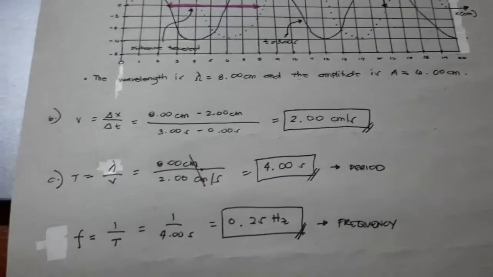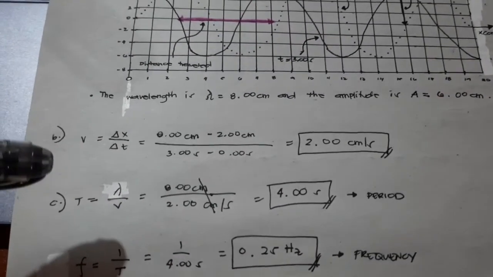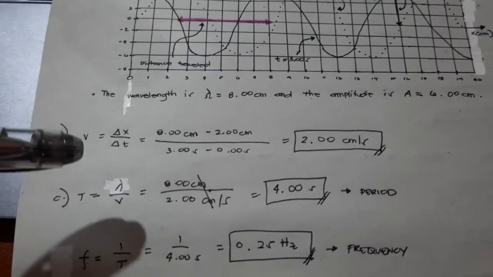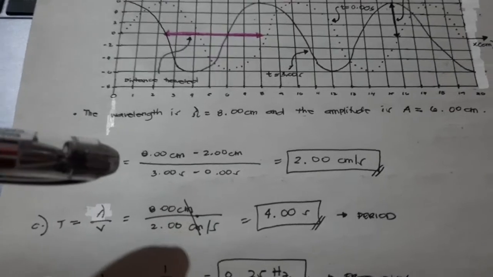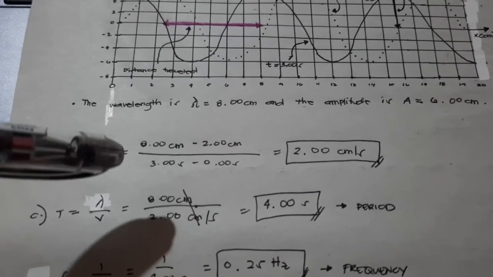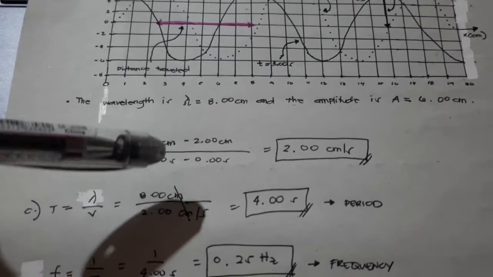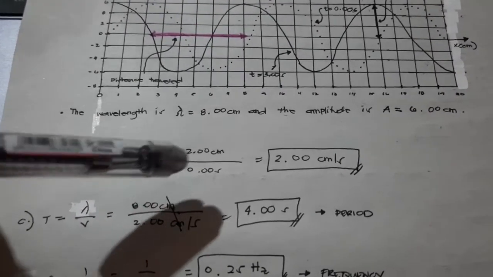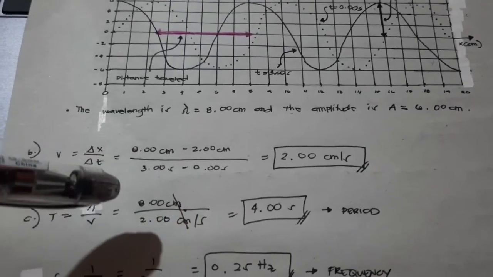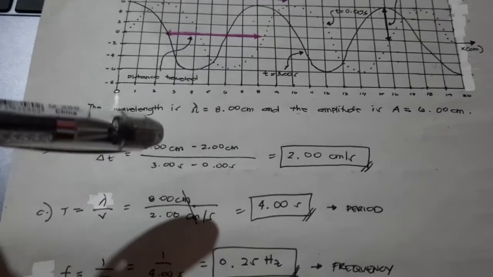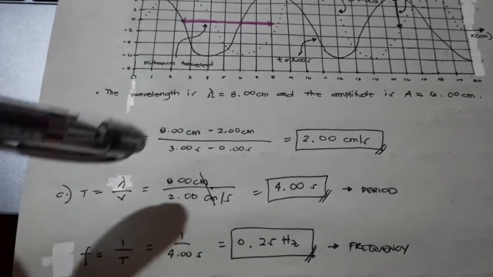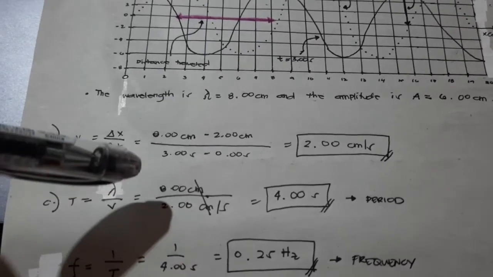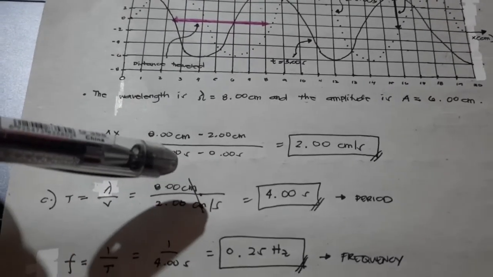So the velocity is delta x over delta t. As I said earlier, the distance is 8 cm minus 2 cm, which is 6 cm, then divide by the time, which is 3 seconds minus 0.